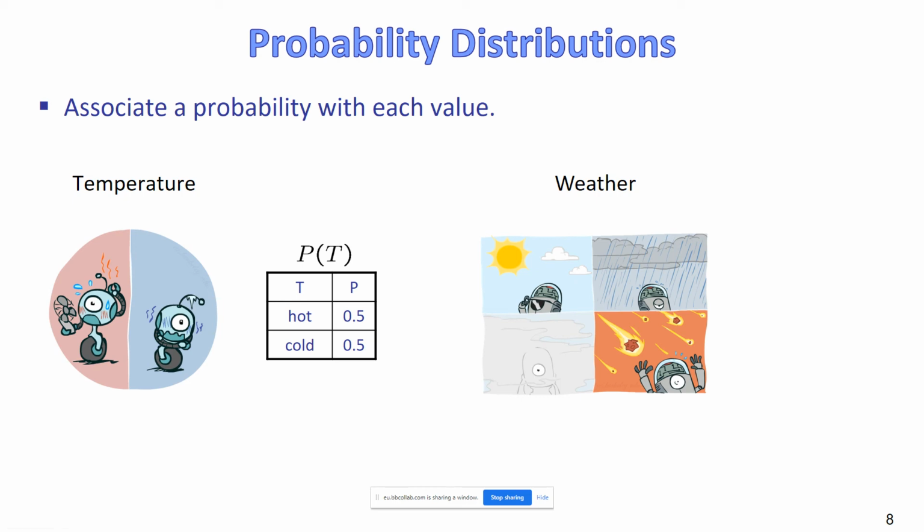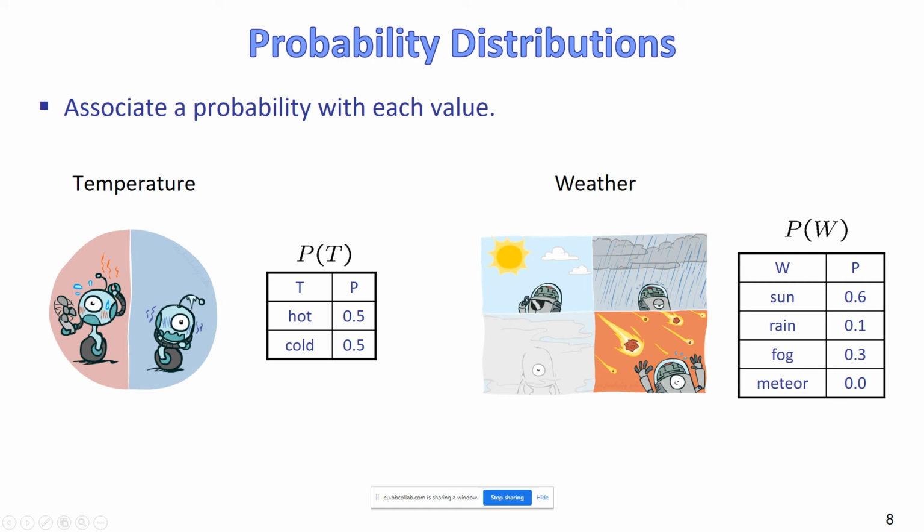In a probability distribution, we list all possible values for that variable associated with their probabilities. For the weather random variable, we have 4 possible values: sun, rain, fog, and meteor. And this last one is just very rare, so we put 0. Usually, whenever a value is very, very rare like that, we don't put it at all in the probability distribution, or we just assign a very small value like 0.00001 to it.